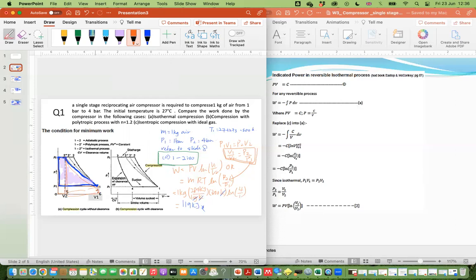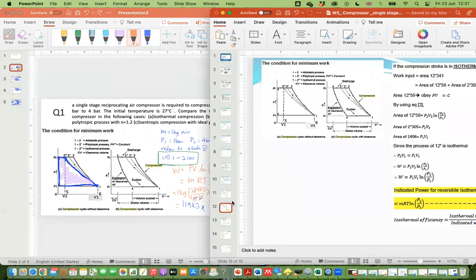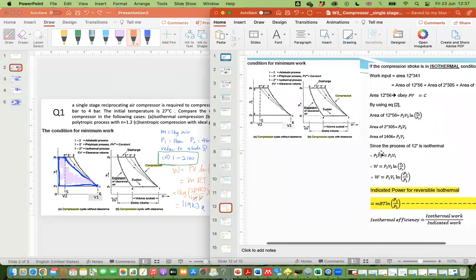And we also know that P1 V1 and P2 V2 are the same because of isothermal. If you refer to slide number 13, since the process 1 to 2 double dash is isothermal, P1 V1 equals P2 V2.